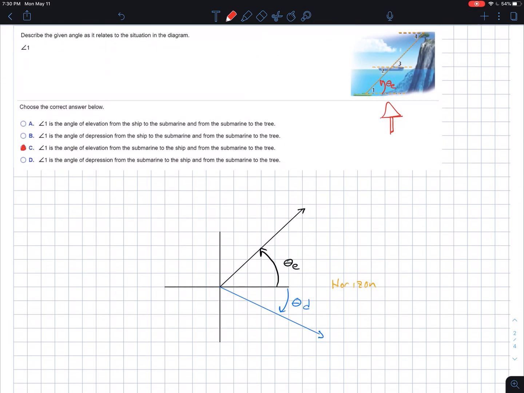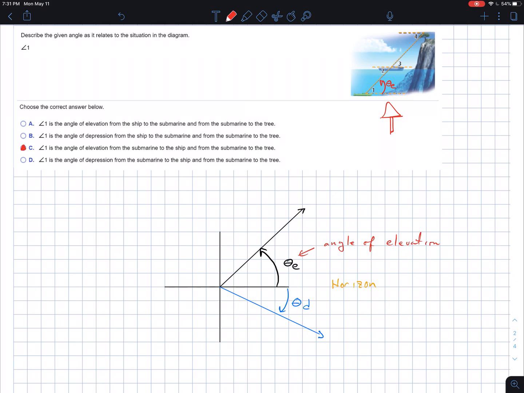In the last example that we're going to do right now, we're going to describe the given angle as it relates to the situation in the diagram. You'll notice that I made an arrow and called it theta E. Theta E is the angle of elevation.